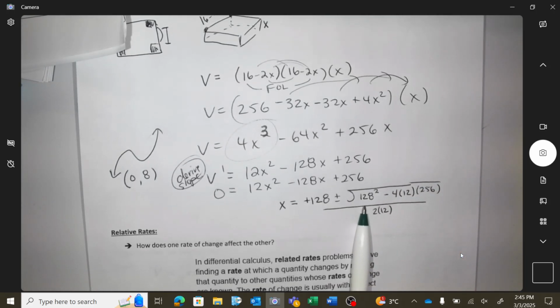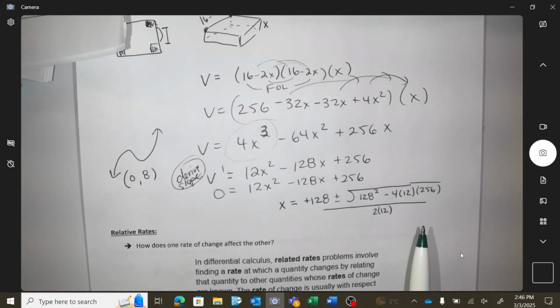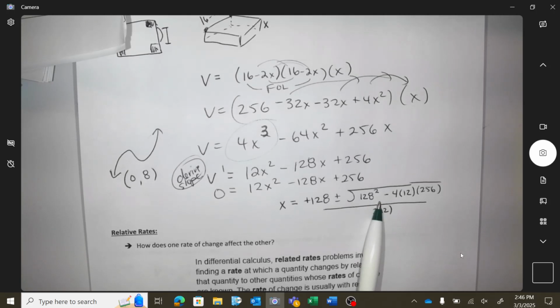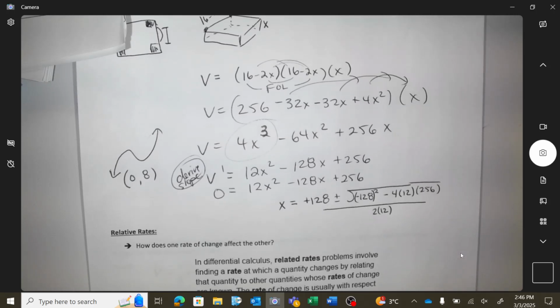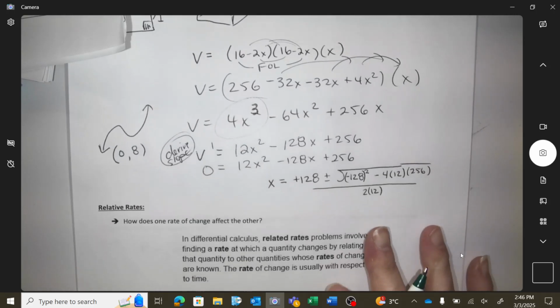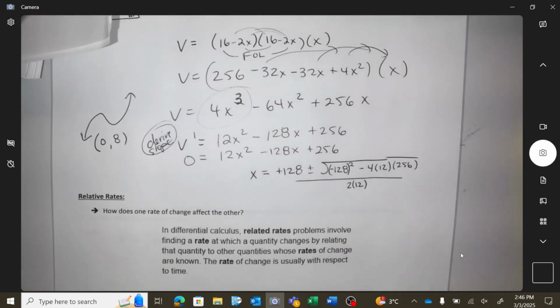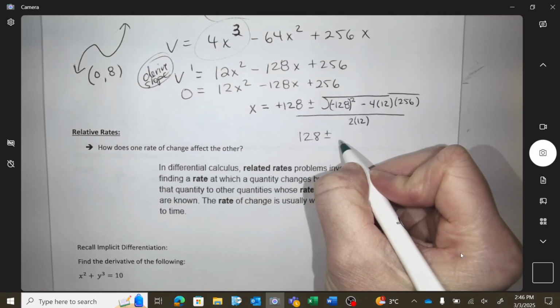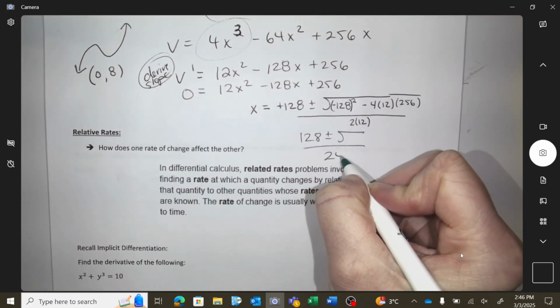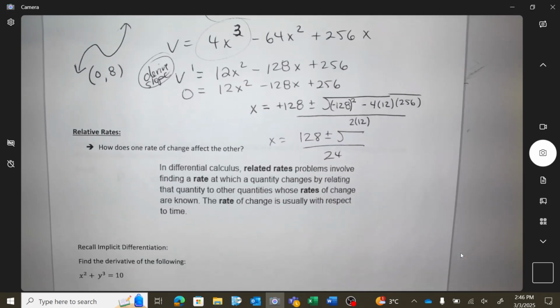I just did like 128 squared there, right? Because I don't care about the negative squared, right? Is that okay with you? If you really wanted to, I could have put that in brackets. But that won't matter. Anyway, 128 plus minus square root what over 24?